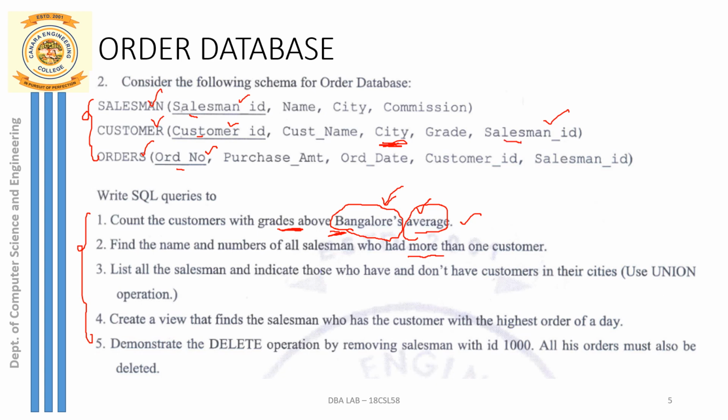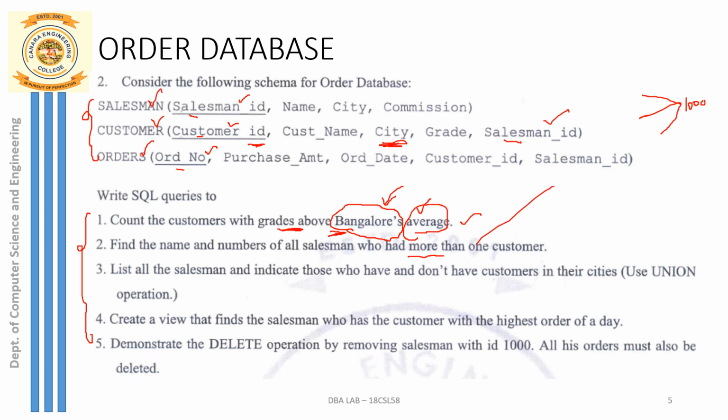So the second query says that we need to have entries into the customer table in such a way that a particular salesman, say for example, the salesman with salesman ID 1000, should be serving at least 2 or 3 customers. What is the meaning of more than one customer? So at least 2 customers a salesman should be serving.